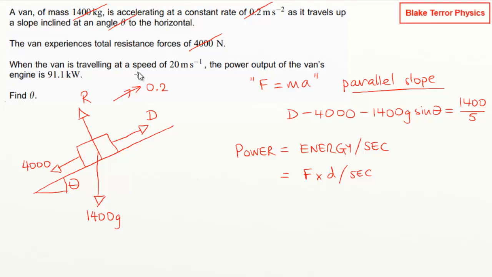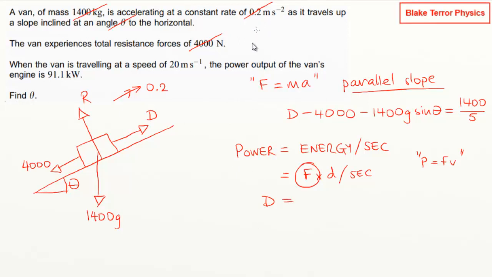In this case, distance per second is 20. So if we want to get force, which in our case is D, our driving force, then we need to divide the power by distance per second, which is the velocity. So that's just another way of saying that power is force times velocity, something that you might remember. But that's just talking through it again so we can see where that all comes from. So D at that particular point, and therefore in general, because they haven't told us it's changing.